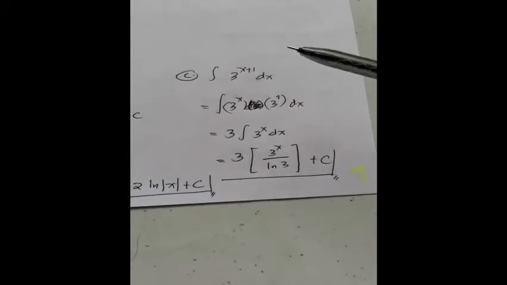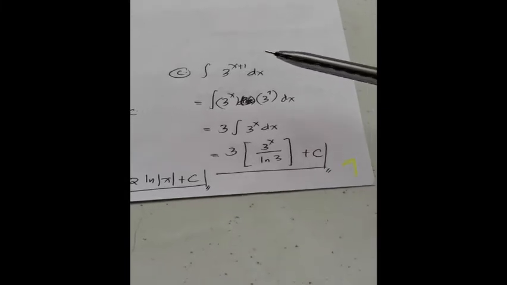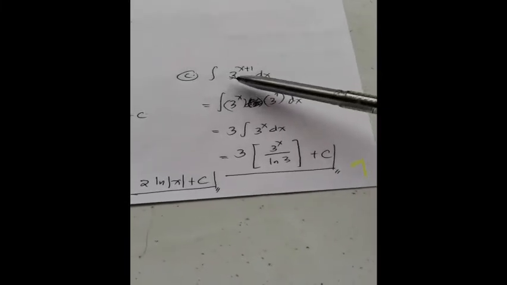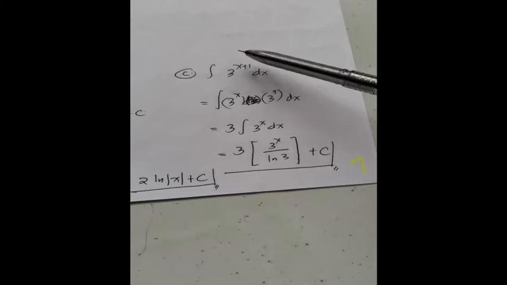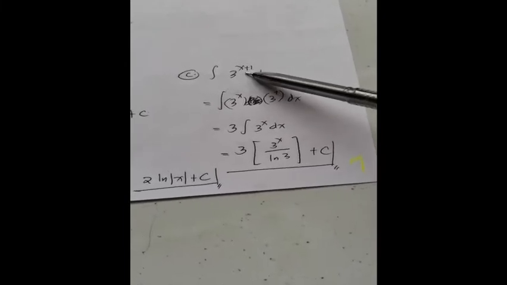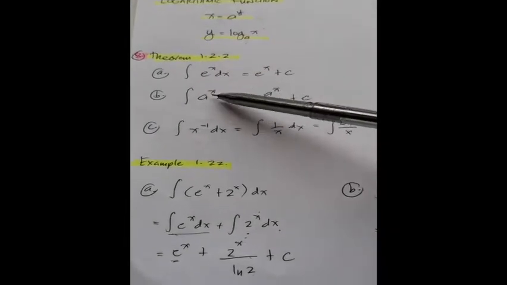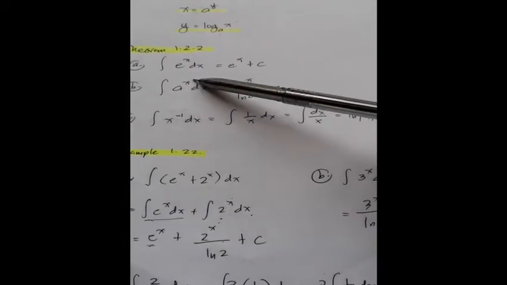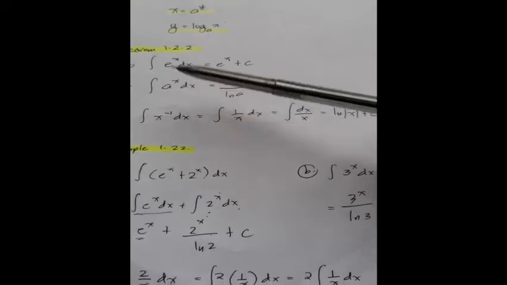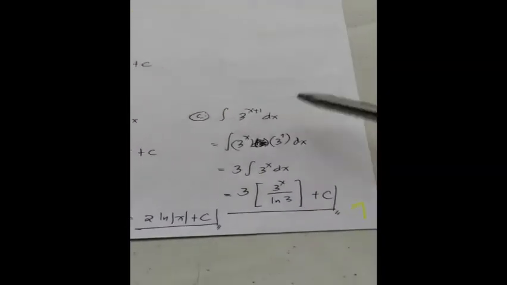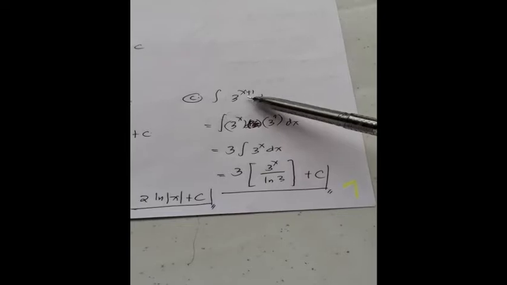Okay, another example sa theorem 1.2.2, ang given natin na integrand is 3 raised to the power of x plus 1. Di ba doon sa theorem 1.2.2 na letter B, ang exponent lang ni a dito is x, wala siyang kasamang ibang term. Dito sa letter C, meron na siyang kasamang ibang term, si 1.